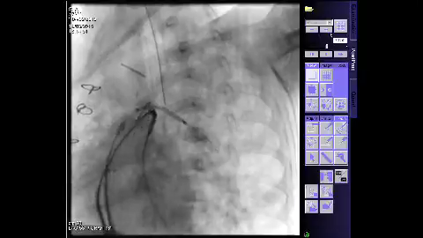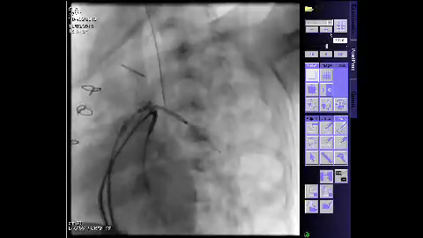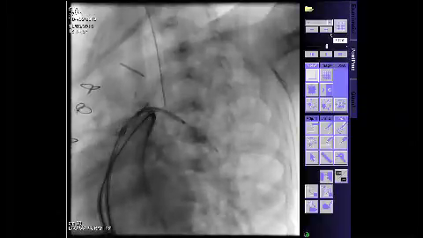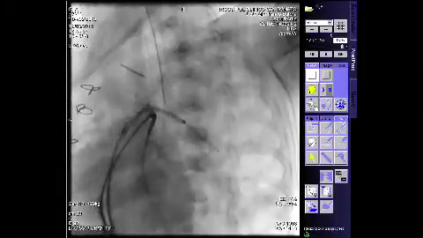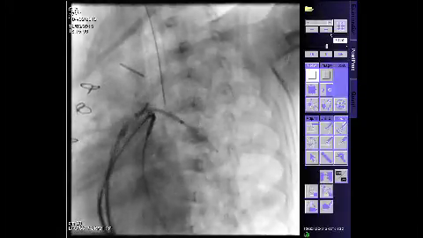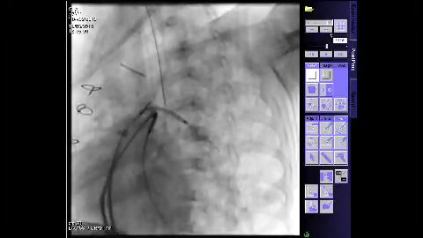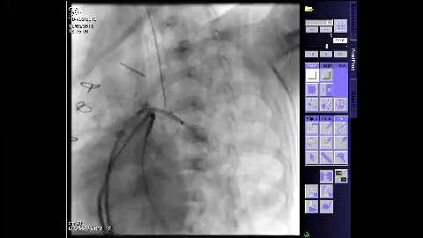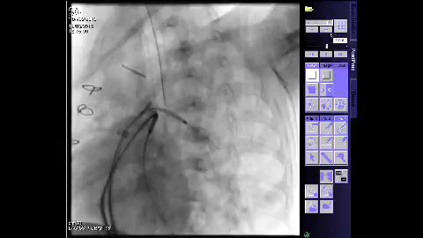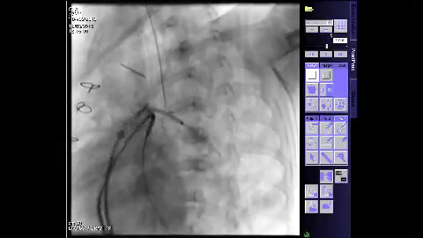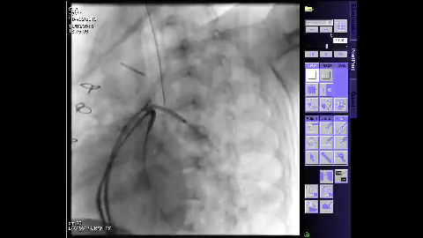We may do a final check. I think it's in perfect position, and we may go for the dilation of the stent. So Luca is inflating the balloon, and I keep everything in place.